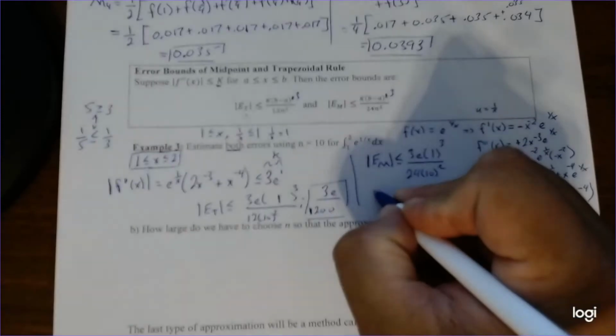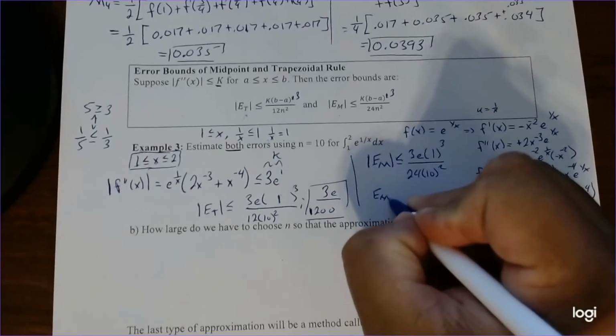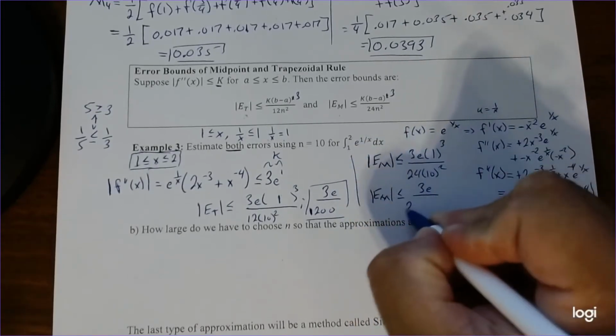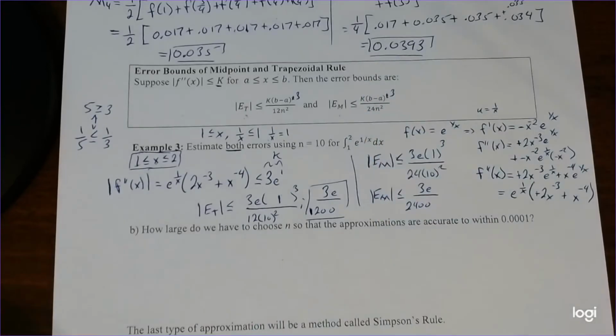So therefore, our error bound is less than or equal to 3e over 2400, which again is even smaller, right?